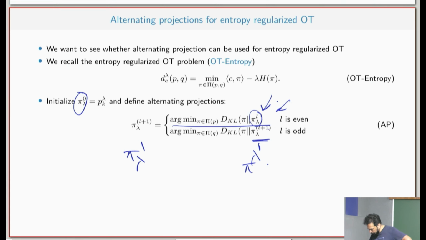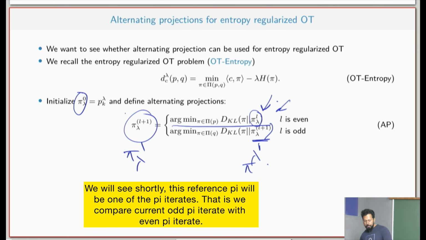So this is an odd-even scheme where you start with pi lambda 0, which happens to be your original p lambda k, and you keep alternating between these two odd and even cases, and that's how you keep getting an updated pi. And this KL divergence is acting as a kind of reference point, because each time I'm comparing also with the pi.